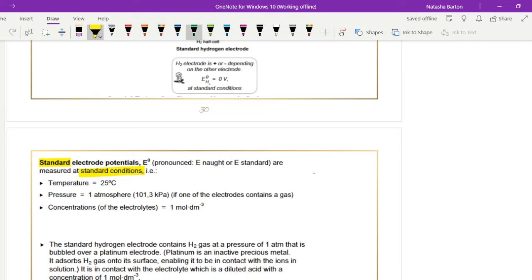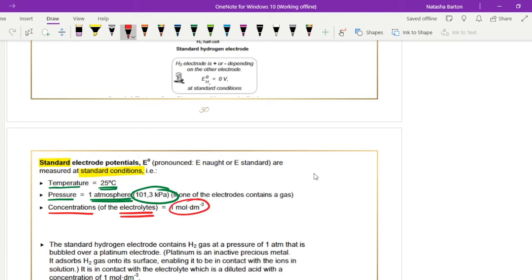Here we're speaking about the same thing. Your standard temperature is still 25 degrees Celsius. Your standard pressure is still 1 atmosphere or 101.3 kilopascals. But we introduce standard concentration here. That will be the concentration of your electrolytes, and that is 1 mole per decimeter cubed.